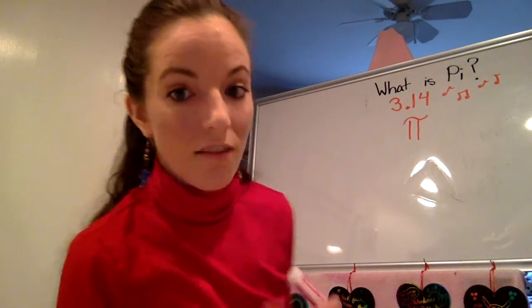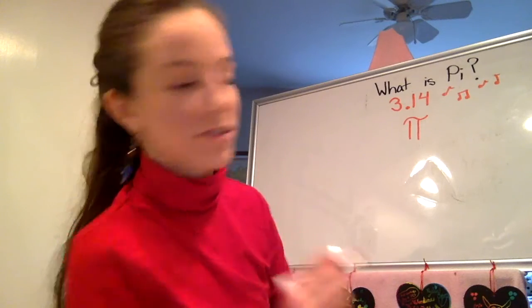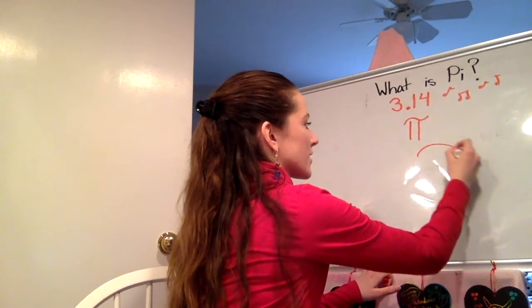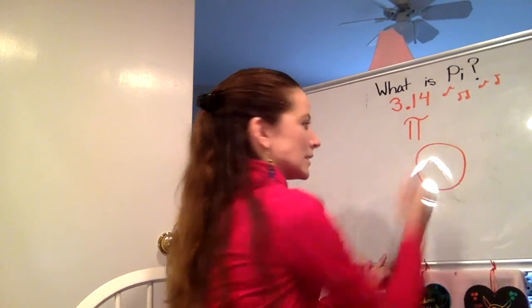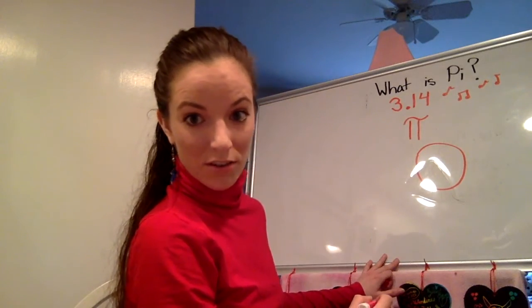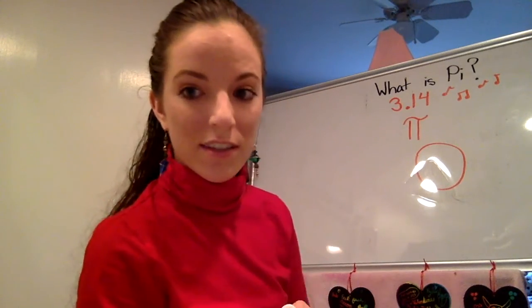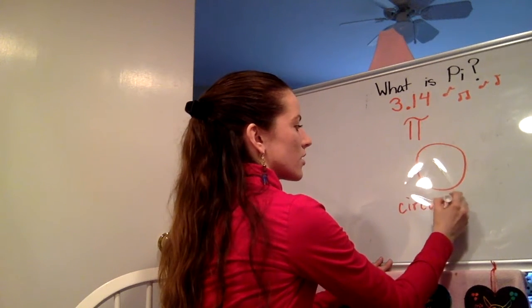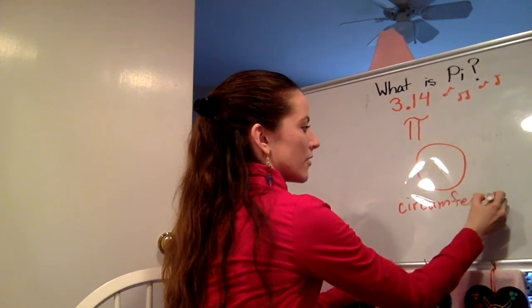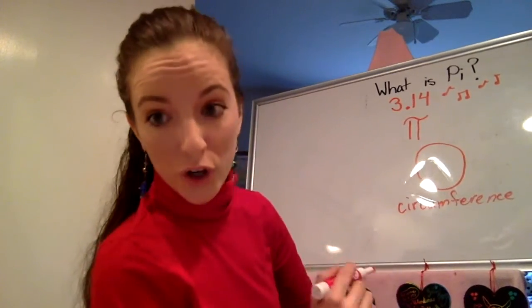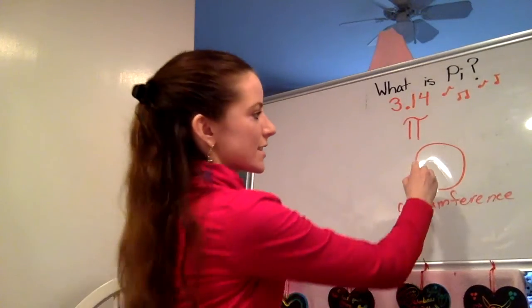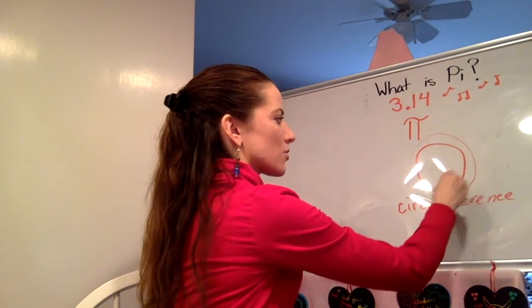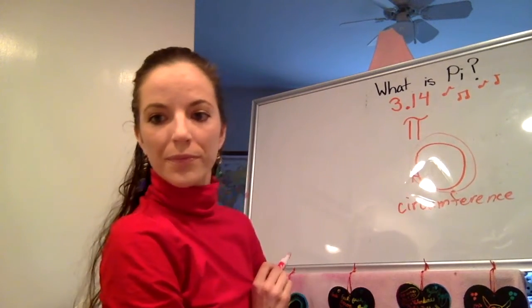So we know circumference as the distance around a circle. So let's see how perfect I can draw a circle. Let's pretend that's a perfect circle, okay? The circumference, if you remember that book we read about circumference. Circumference is the distance it takes to get around the circle.